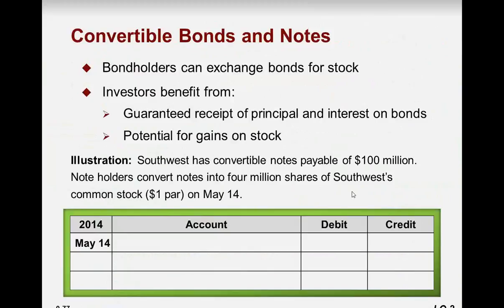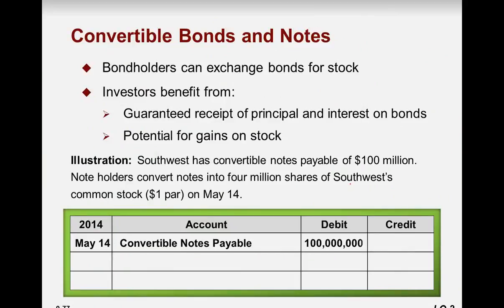Say Southwest has convertible notes payable of $100 million. Note holders convert notes into 4 million shares of Southwest's common stock, which is $1 par, on May 14th. So what does that entry look like?